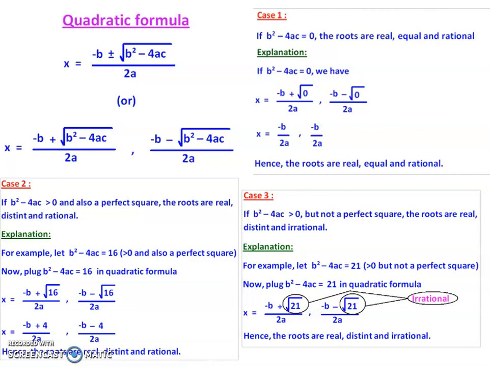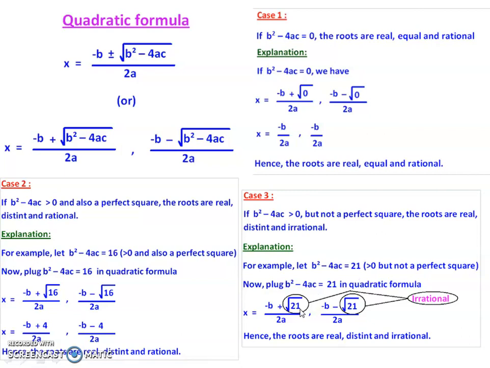Don't get stuck there. That condition is also possible. See what's happening here. Let b square minus 4ac equal to 21. 21 is greater than 0. But what is the problem there? 21 is not a perfect square number.